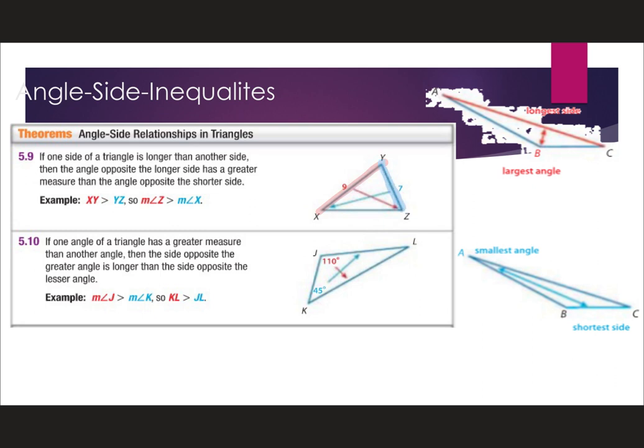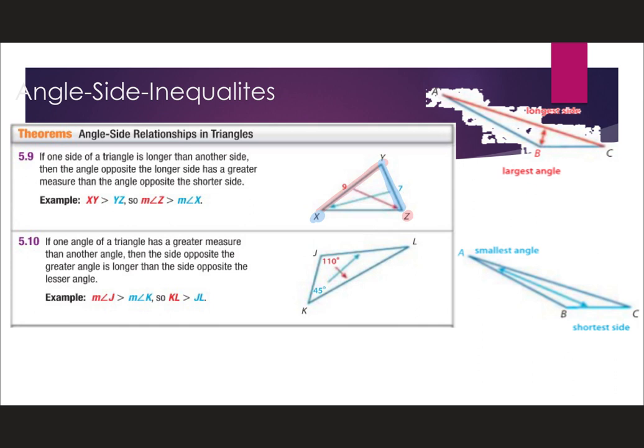Well, 9 is greater than 7. Therefore, the angle that is across from XY, angle Z, is the bigger of the two angles. So the bigger angle is across from the bigger side.